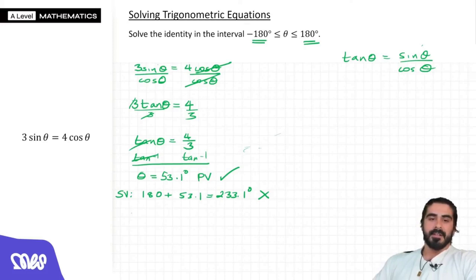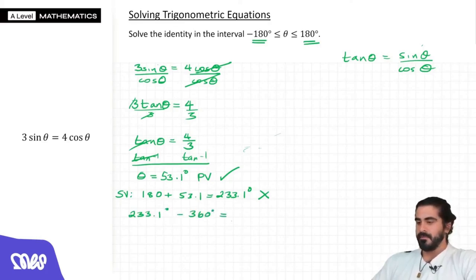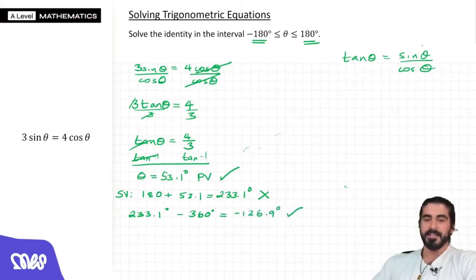So we're going to take this 233.1 and minus 360 degrees. And that gives you minus 126.9. And you can see that is in the range, right? That's it, I'm done. Theta, the only two values are 53.1 and minus 126.9.